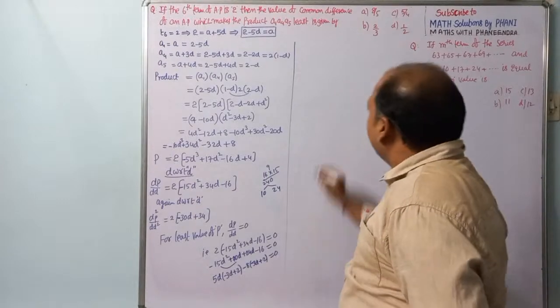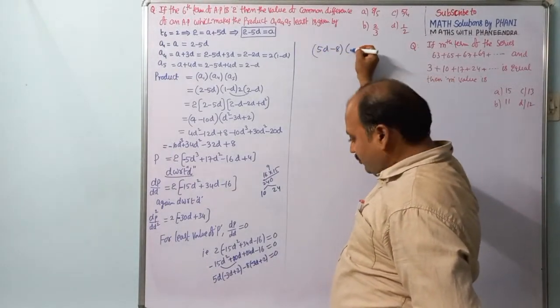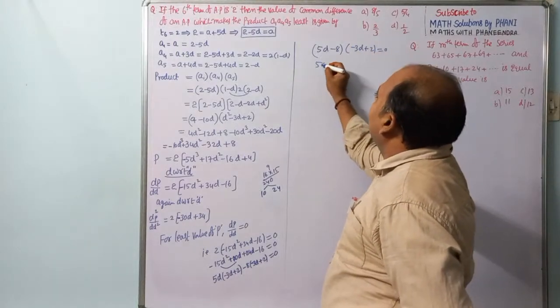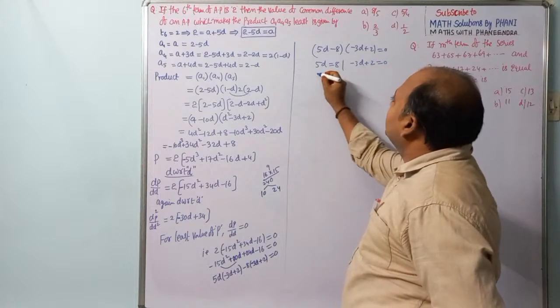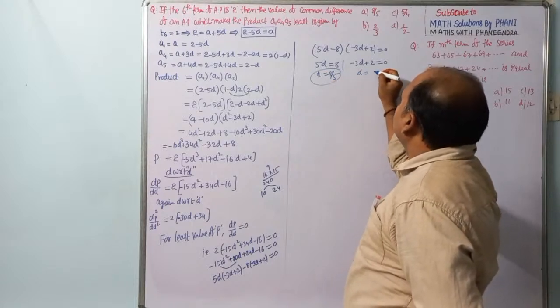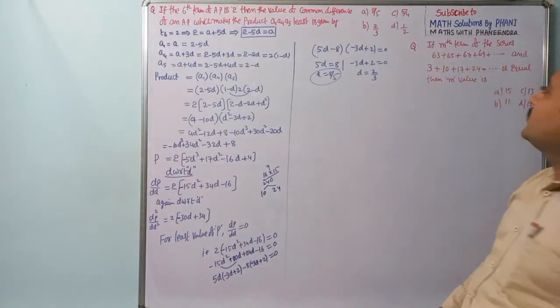So from these two again, 5d minus 8 into minus 3d plus 2 equal to 0. So 5d equal to 8, minus 3d plus 2 equal to 0. So d equal to 8 by 5 and d equal to 2 by 3. Am I right, dear students?